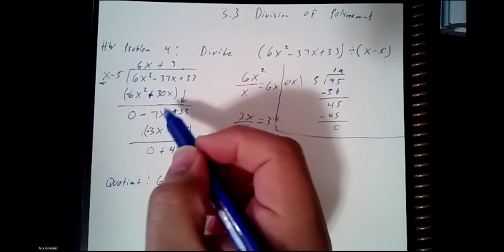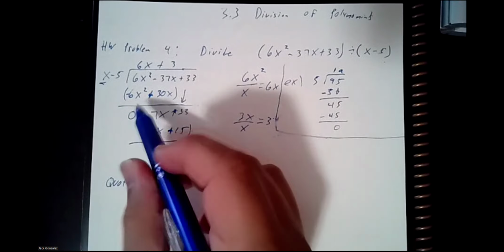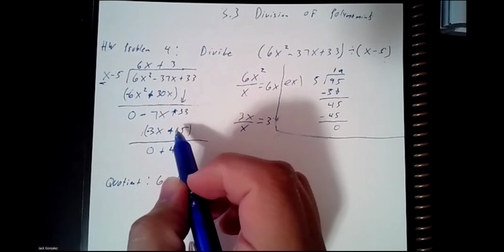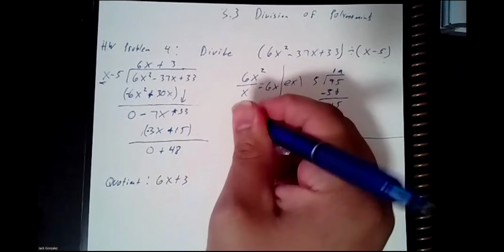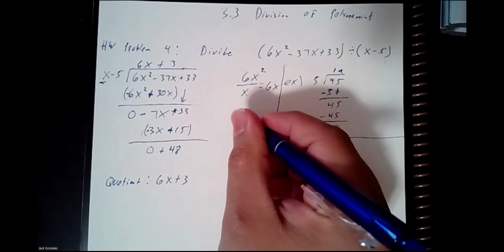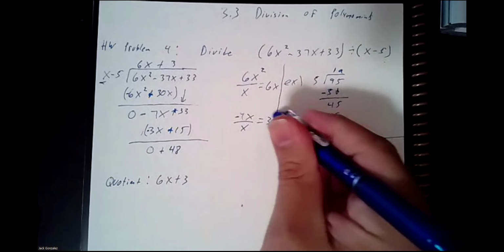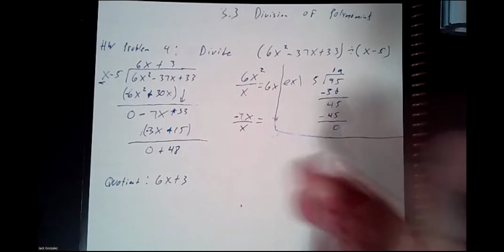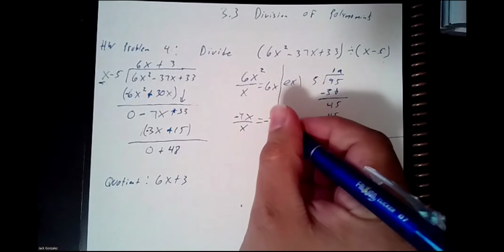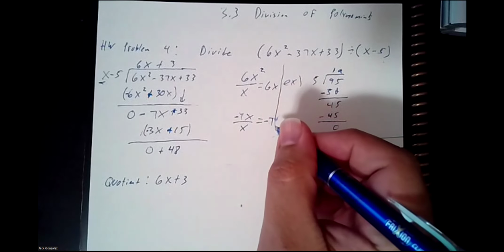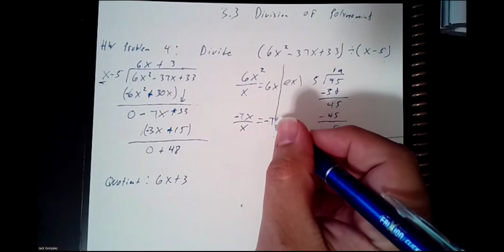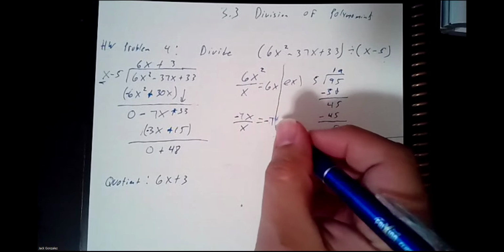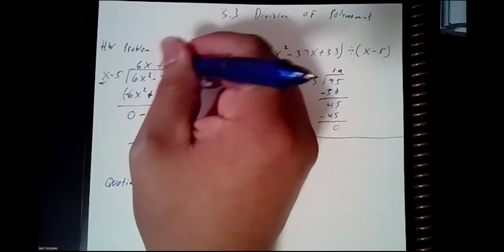Okay, then what we should have had right here is x into negative 7. There we go. So then this would be negative 7.